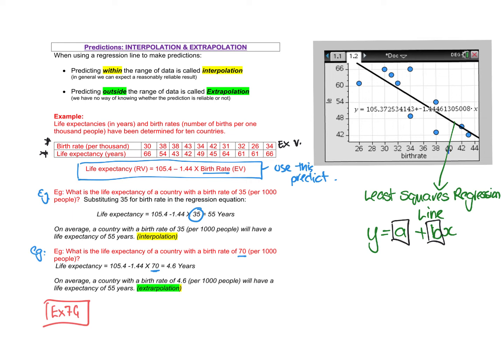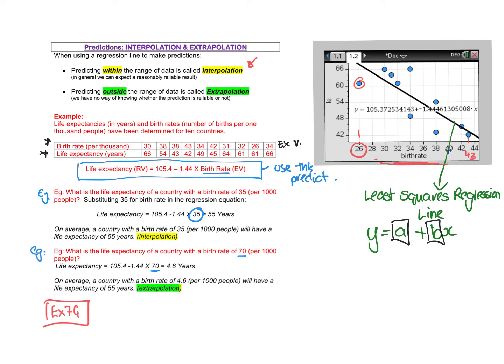When you make these predictions, we often get asked whether the prediction is an interpolation or an extrapolation. Interpolation is when you predict within your data range. If you look at the birth rate, the lowest you had was about 26, and the highest was roughly 43.